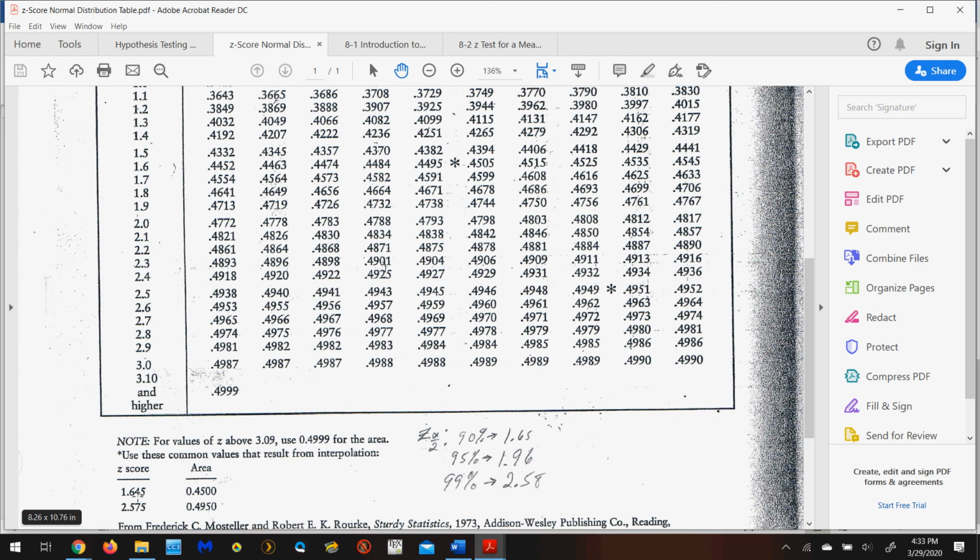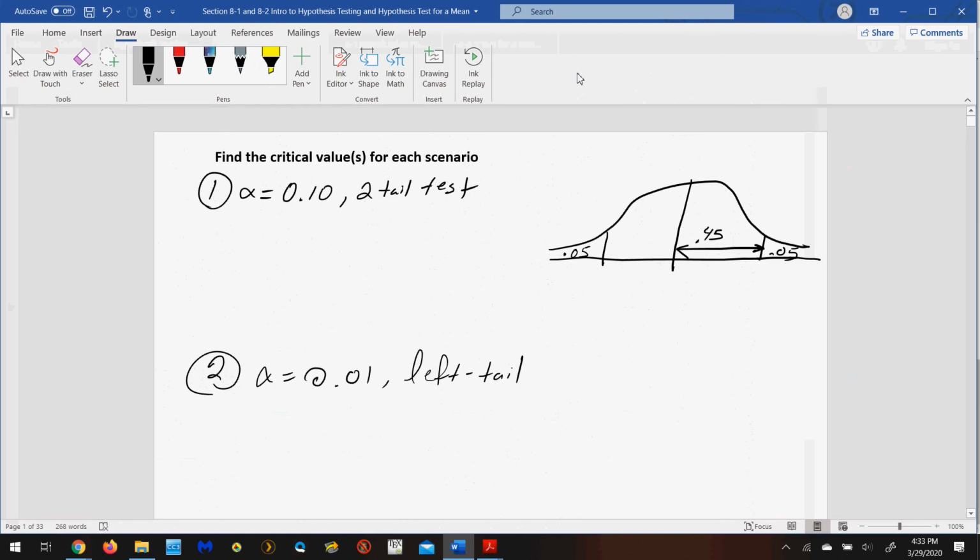And at the bottom, it says if you have 0.45, use 1.645, because that's exactly halfway between the z-scores that correspond to those areas. So this would be 1.645, and this would be negative 1.645. The only time you use 3 decimals for z-scores is if you have one of those 2 asterisk values. And those are your critical values, which I'm going to shorthand as CV. So my critical values would be positive and negative 1.645.